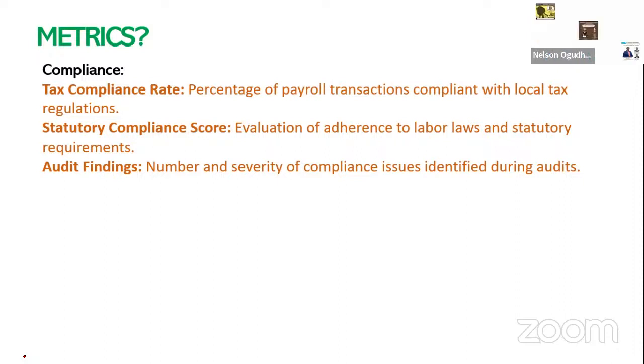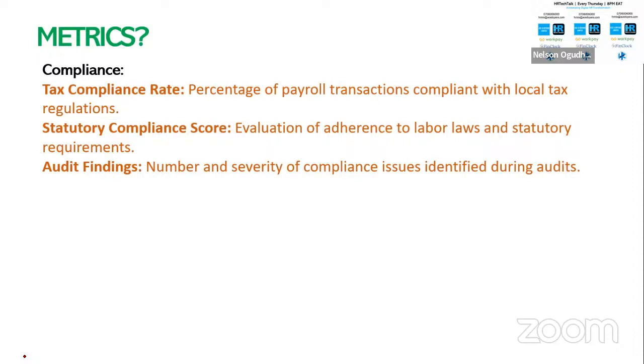Tell them that every time I do my payroll, I always find two people not computed properly. What is the problem? The same as number two: if you were to be reviewed by KRA, would they find it okay? That is the compliance. If the labor officer was to come in and request your payroll details, would it be found to be okay? The compliance score. Then when you're doing internal audits, what are we finding?